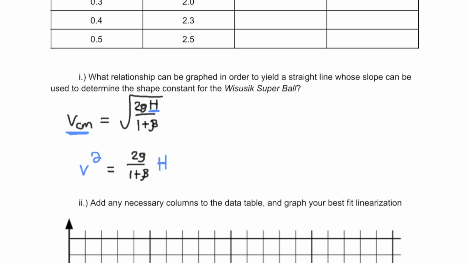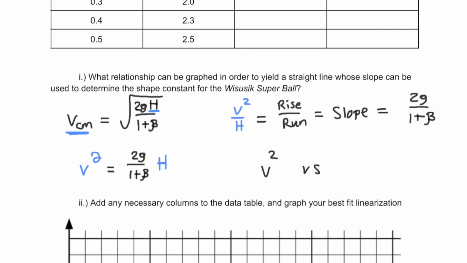So then, after sending all your variables over to one side, we get v squared over h, which is rise over run, equal to the slope, which is equal to 2g divided by 1 plus beta. So therefore, we can graph v squared versus h, get a straight line whose slope is given by the quantity 2g divided by 1 plus beta.